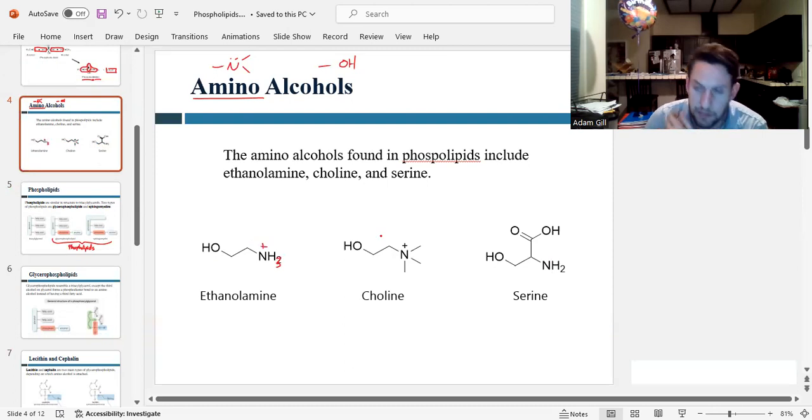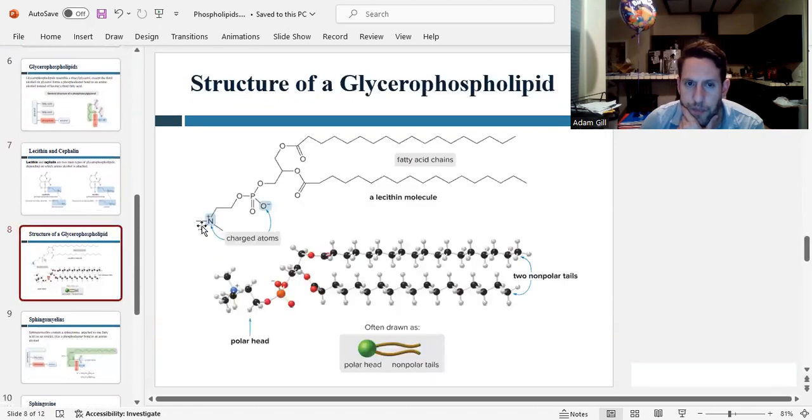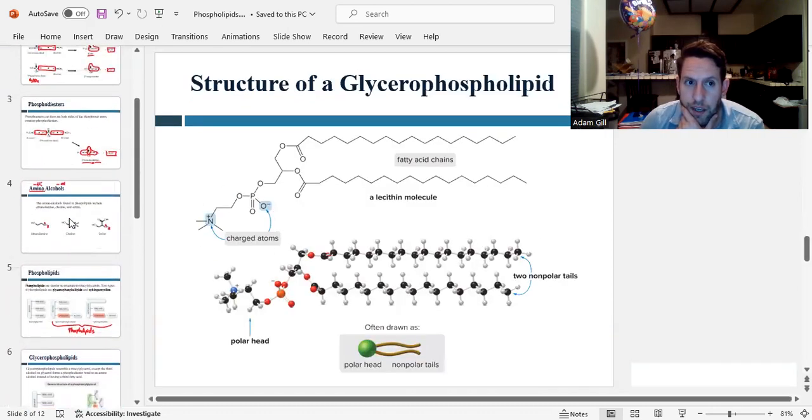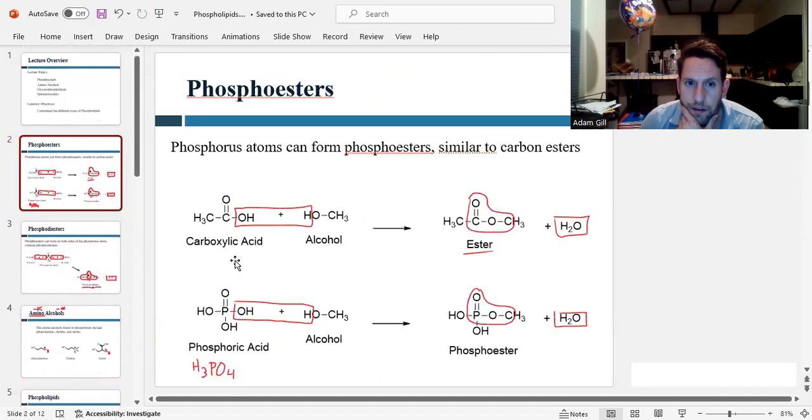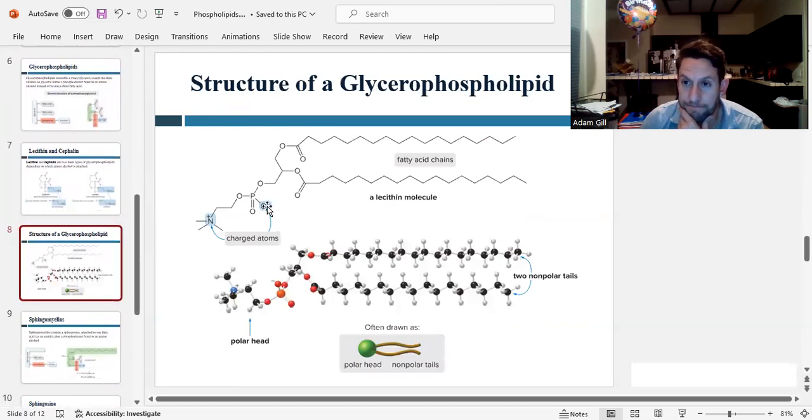This one's already positively charged because it's got 4 bonds, and this one would also exist as the NH3 plus. So in your body, when they're dissolved in water, these nitrogens are positively charged, as shown here. But on a phosphoric acid, when this is dissolved in water, it loses these hydrogens and they exist as an O minus.